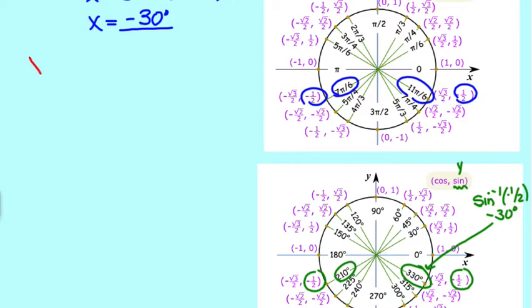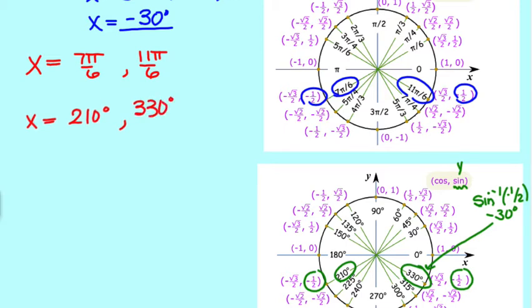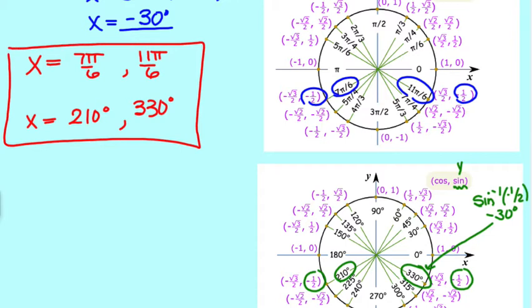So our answers are x equals 7 pi over 6 and 11 pi over 6, or x equals 210 degrees and 330 degrees, for one revolution in the positive direction.